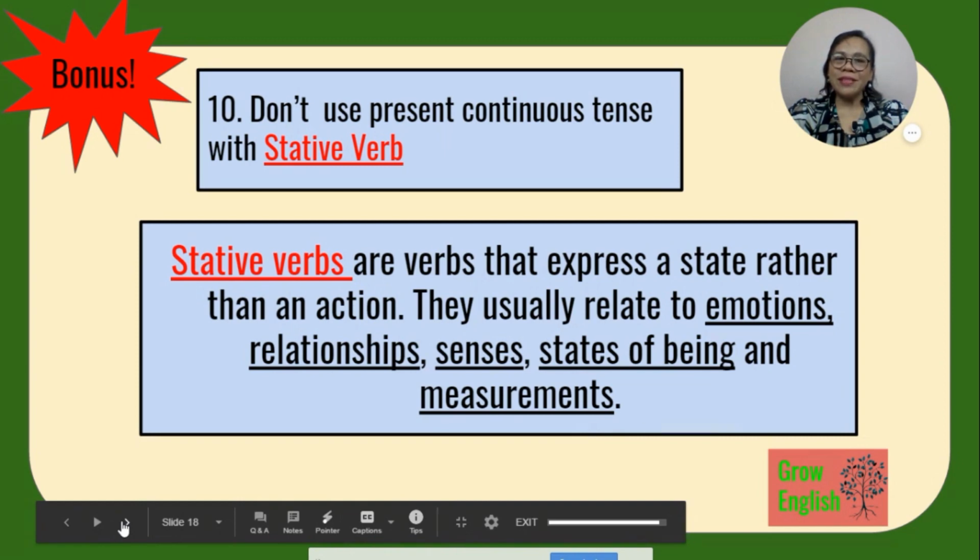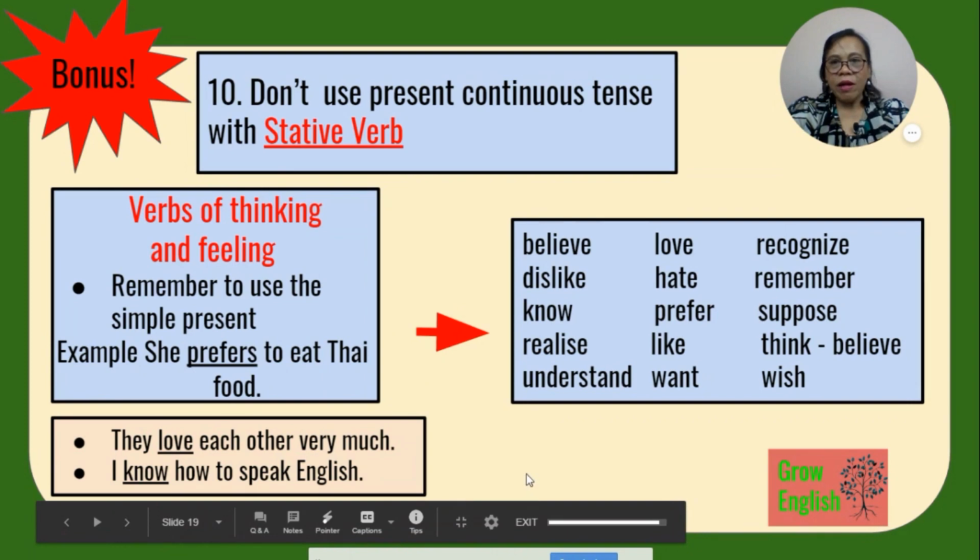Rule number 10: don't use the present continuous tense with stative verbs. What do I mean by stative verbs? Stative verbs are verbs that express a state rather than an action. They usually relate to emotions, relationships, senses, states of being, or measurements. To give you more examples, we have stative verbs such as verbs of thinking and feeling.